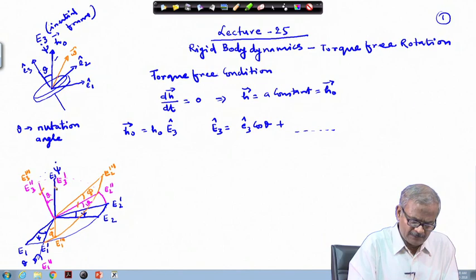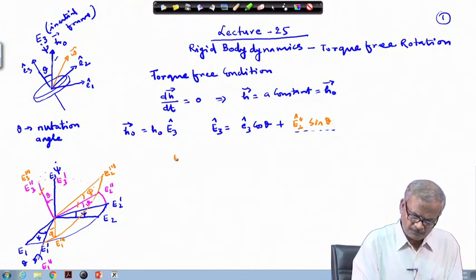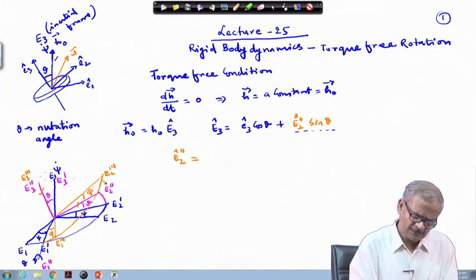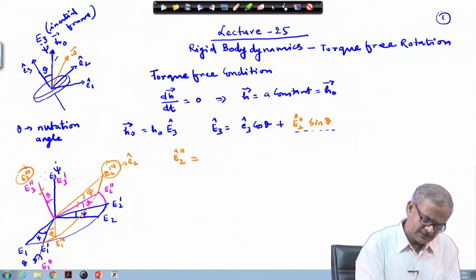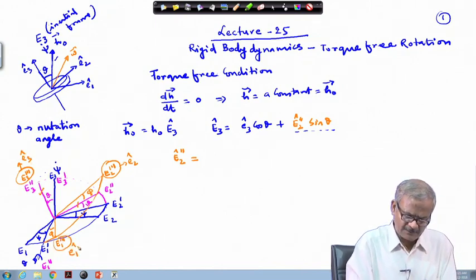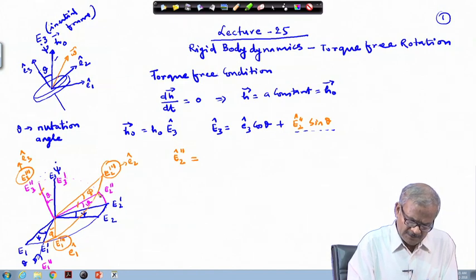So, here the unit vector along this direction will be E 2 cap double prime, the unit vector along this direction, times sin theta, and we have to get this quantity E 2 double prime, which is the unit vector along this direction. This one we have referred to as E 2 cap, this one we have written as E 3 cap, and this one we have written as E 1 cap. So, along this direction what will be the unit vector?